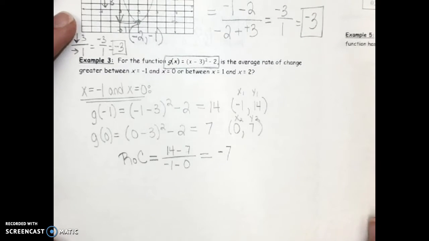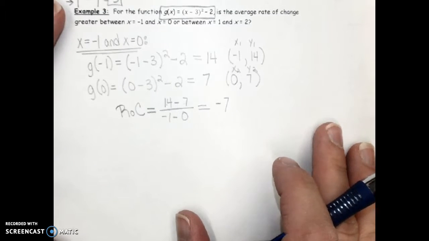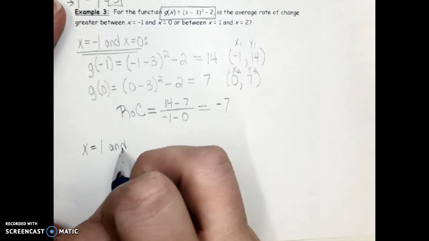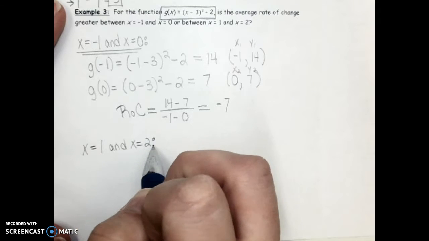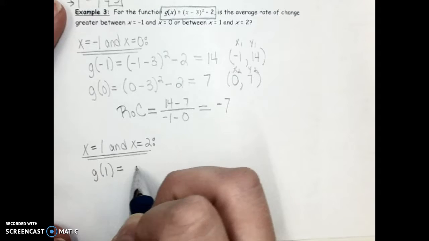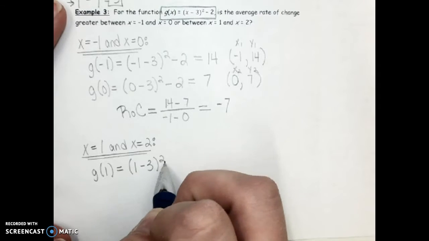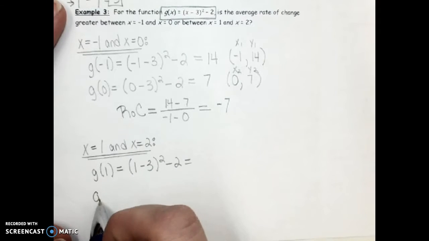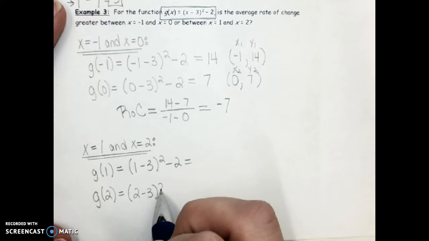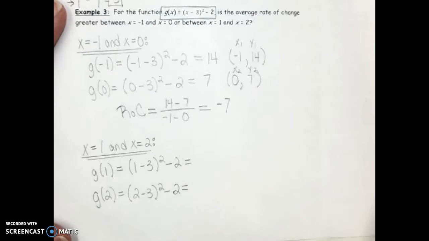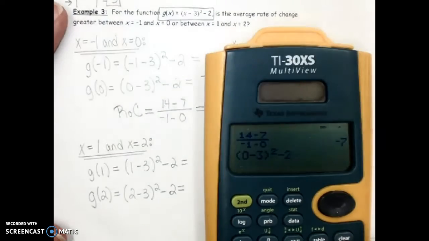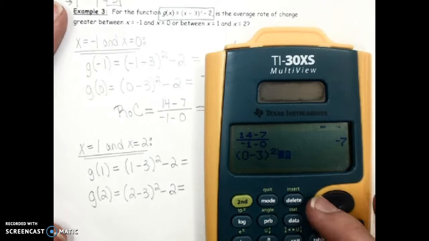I have a second interval I have to calculate. I'm going to calculate x equals 1 and x equals 2. So I do g of 1, plug it in. I do g of 2 and plug it in. So I'm going to plug these into my calculator. Luckily, I still have that saved in my calculator because I didn't clear it.